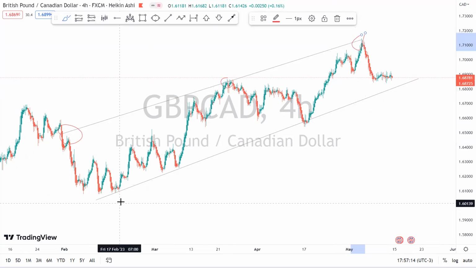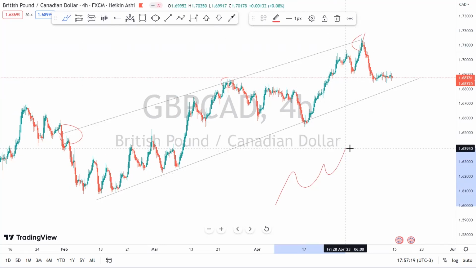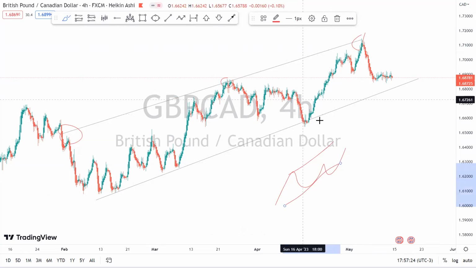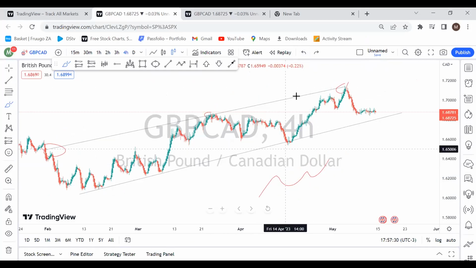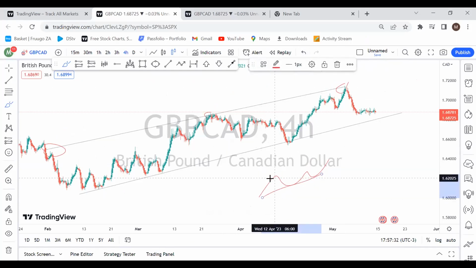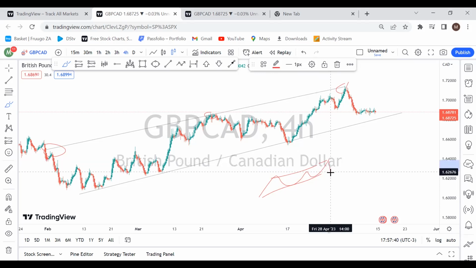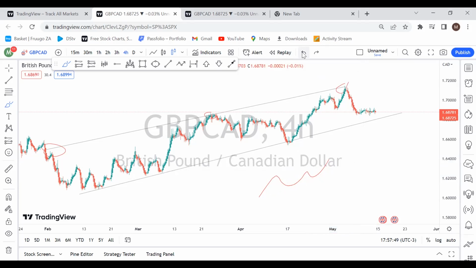Usually in an ascending structure like this, what we look for is, that looks mad ugly, hold on, let me get my drawing straight. So we look for a rejection at the third touch, followed by a correction so we can swing to the downside, right? That's what we look for in an ascending structure like this one.